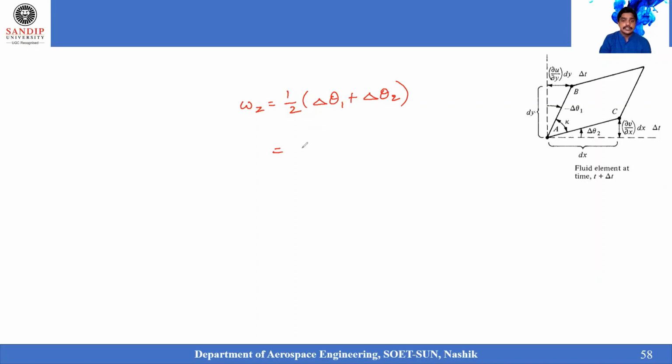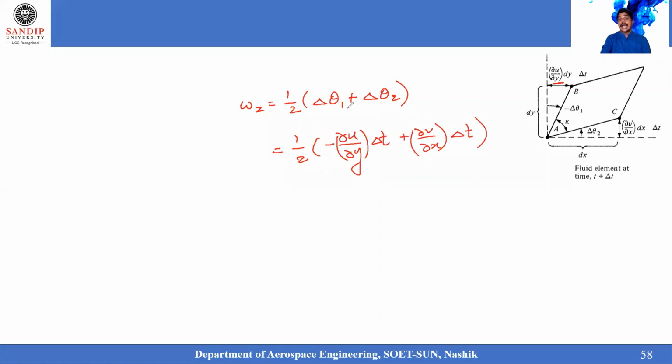Now substituting the values of theta 1 and theta 2 from the derivation we made in the previous slide, delta theta 1 is equal to minus do u by do y into delta t, plus do v by do x into delta t.